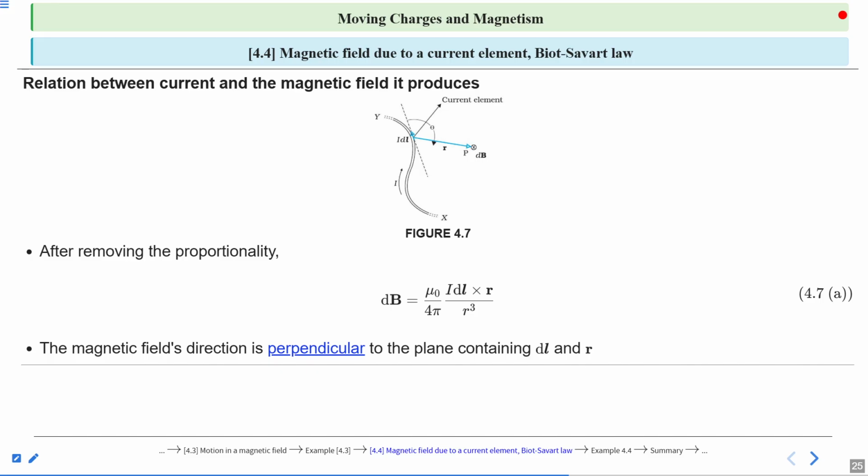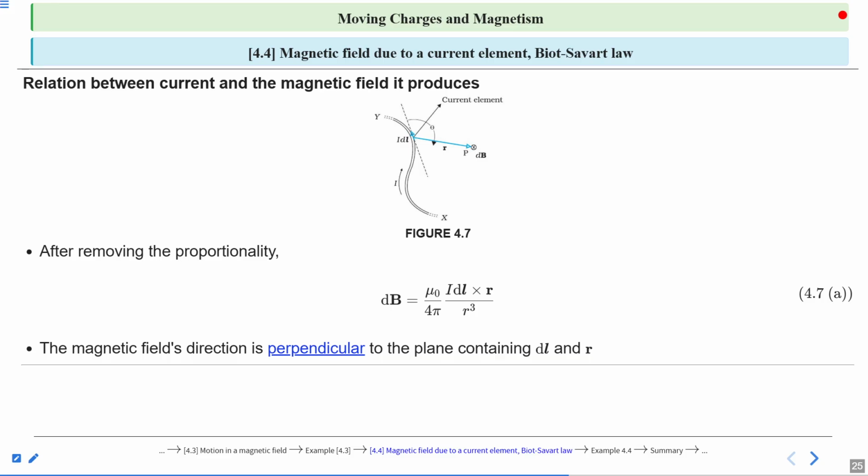At point P, align the fingers in the direction of dl and curl them towards r. You will get the direction of dB: your thumb is pointing perpendicular to the plane and inwards. So dB at point P is directed perpendicular to the plane and inwards, and a cross is marked.